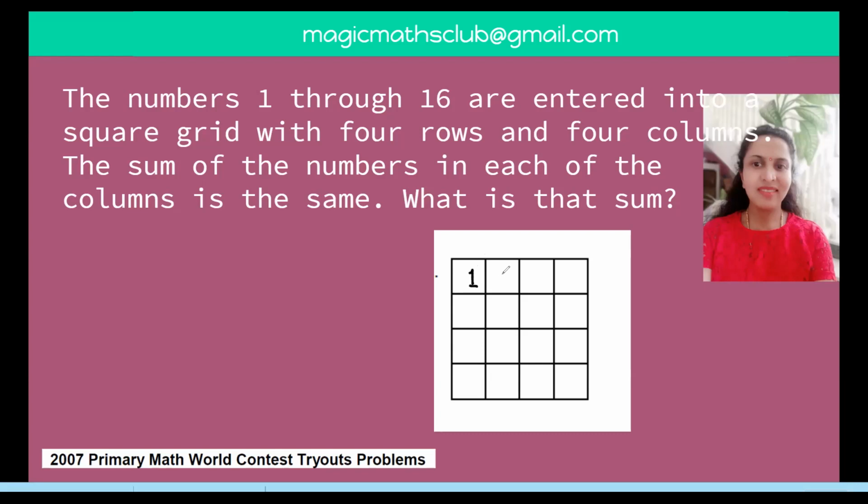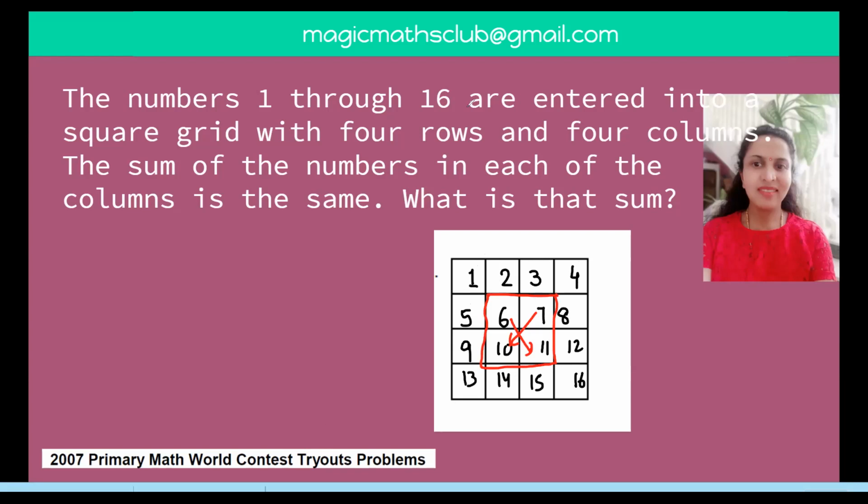Just write the numbers 1, 2, 3, 4, 5, 6, 7, 8, 9, 10, 11, 12, 13, 14, 15, 16. If you fill it like this, your job is to interchange the numbers in the diagonals. Inside this square, you are going to interchange the diagonals.